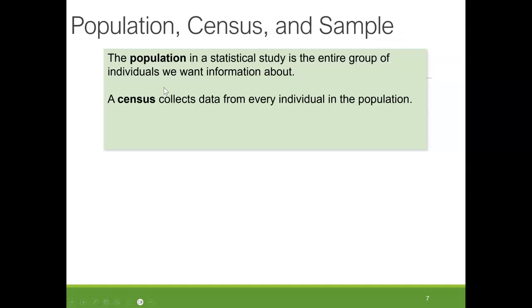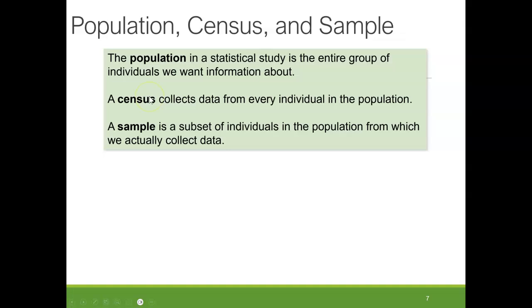If you're talking about millions of individual data points, a complete census is really, really expensive. That's why the government does a census of the United States, I think every 10 years, because it's very time consuming. You have to pay a lot of people. You create a ton of data to analyze. It's really valuable, but it's very expensive to do.